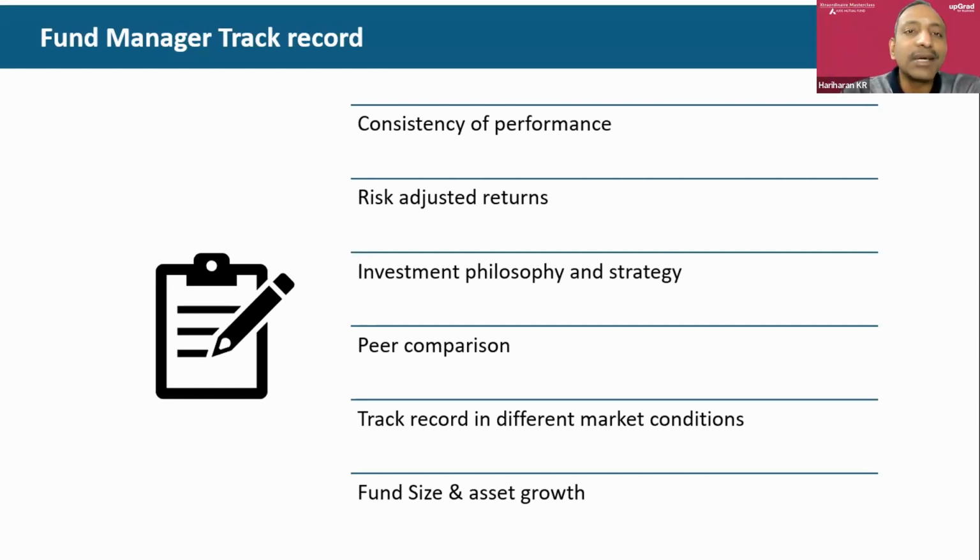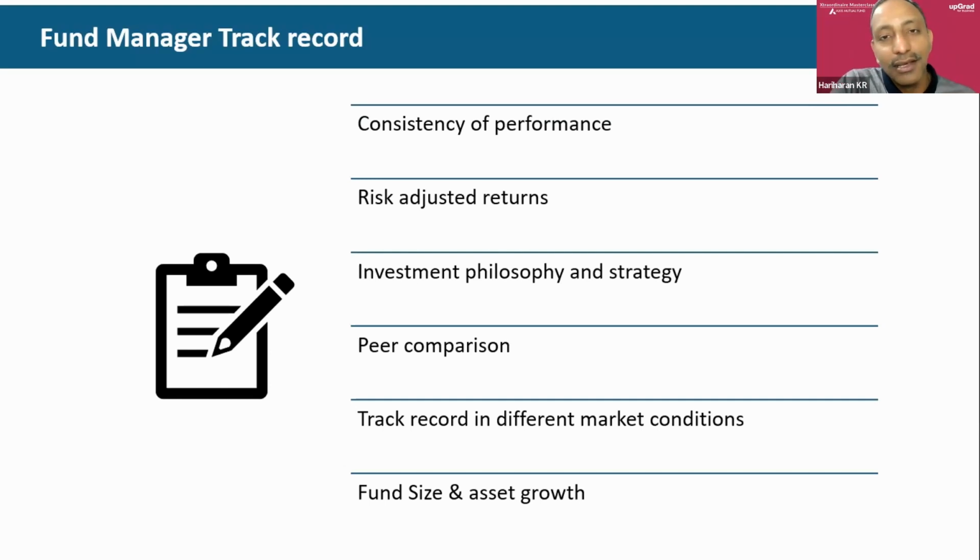Next is to look at peer comparison. Same category to be compared with. Fifth is to look at the track record in different market conditions. When I say different market condition cycles, I mean up market, down market. Because when you look at a 3-year investment horizon, the 3 years might do very, very good, and the fund manager has been managing it only for 3 years.